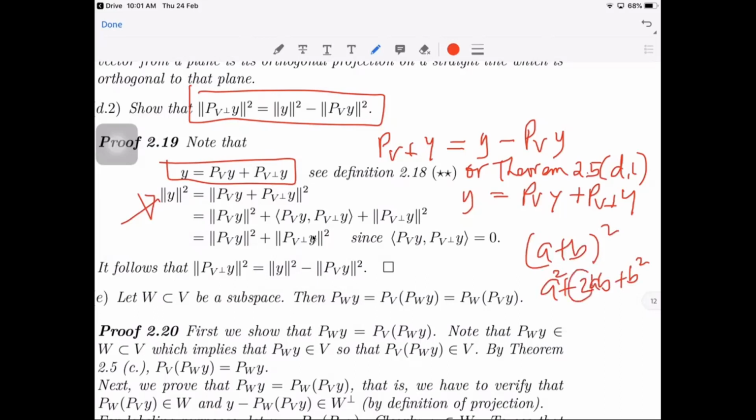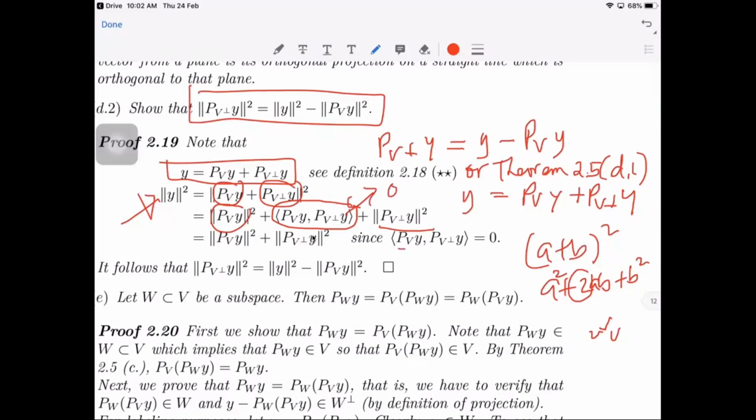But that 2ab, you apply the inner product, because the inner product is u prime v or v prime u. Okay? So this is this term and this term, square norm. But this is just 0.